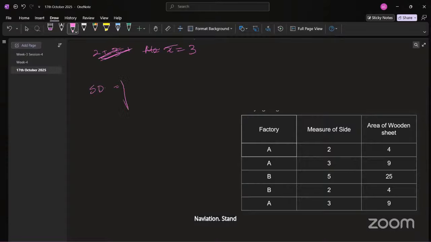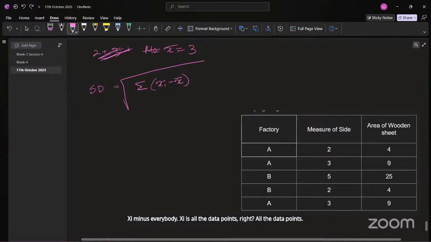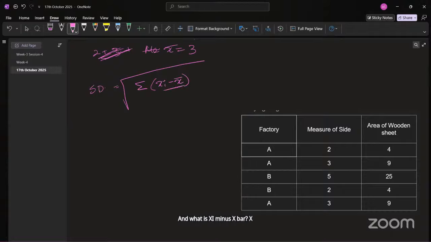Standard deviation is under root summation of xi minus x bar whole square by n. What is xi minus x bar? Xi is all the data points, right? And what does xi minus x bar give you? It gives you the distance of the data point from the mean.